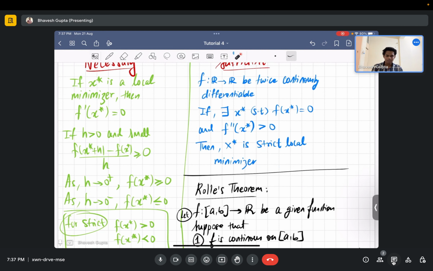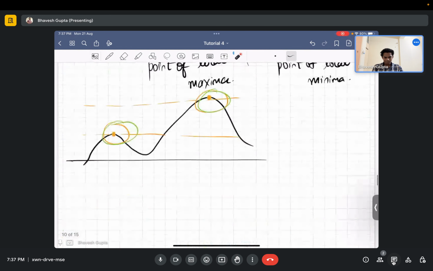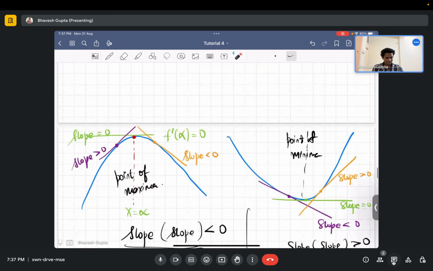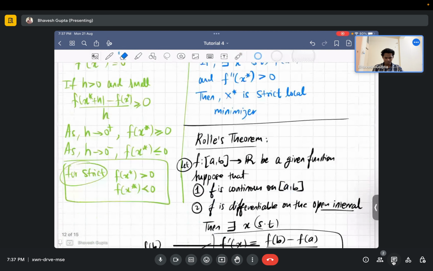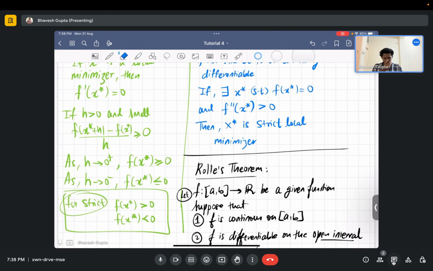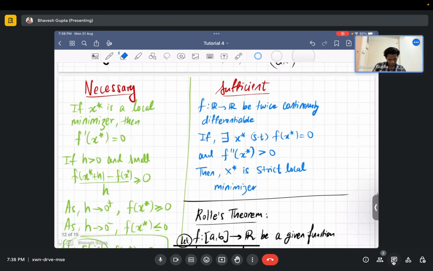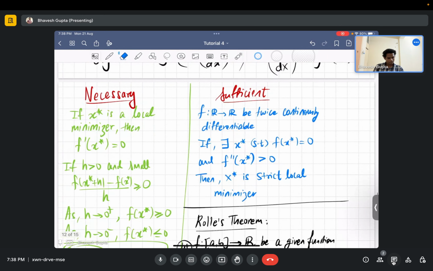That's why we see that to be a point of minima. That's what we saw in this diagram as well. You can see from here itself. So that's what we have written here.